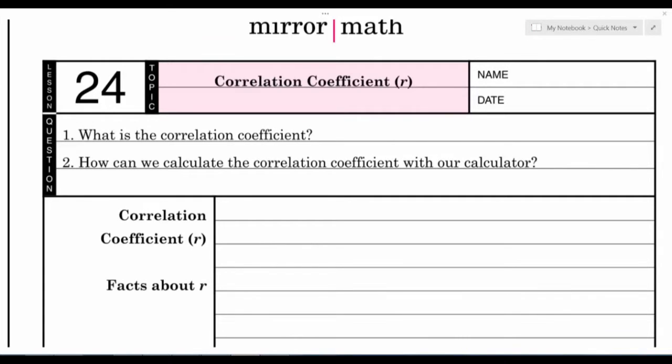Correlation coefficient, which we use the letter R to represent, is the measure of linear strength of bivariate data.